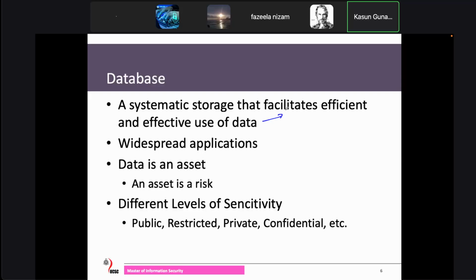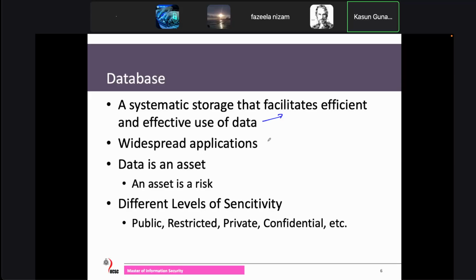And also we see widespread applications, which means database is an essential element of the current world information system. It plays a major role in any system. I mean, all the business organizations, all the other organizations, they require these databases for their information systems.